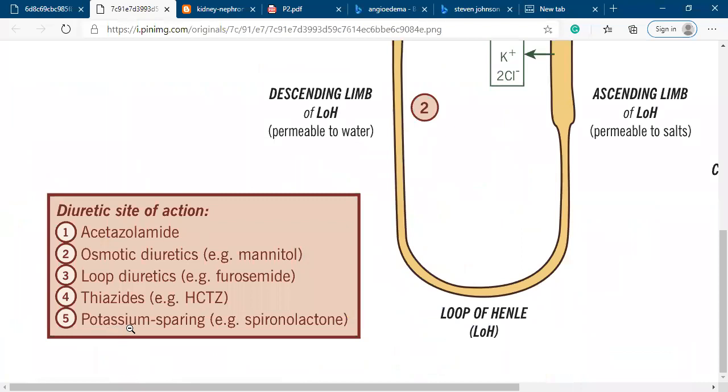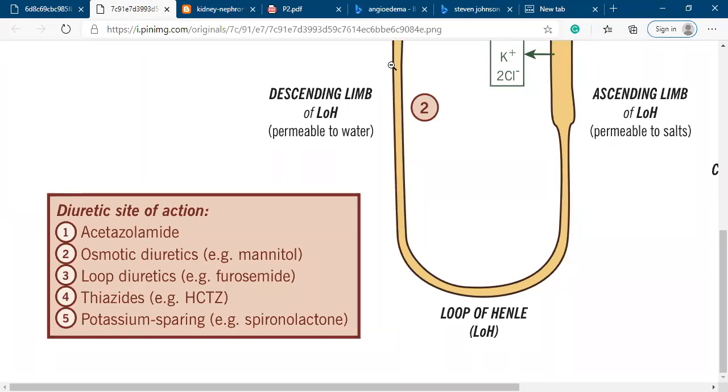What next? The next one is potassium sparing, shortly called spironolactone. If you read the name, they are called potassium sparing, meaning they retain potassium.